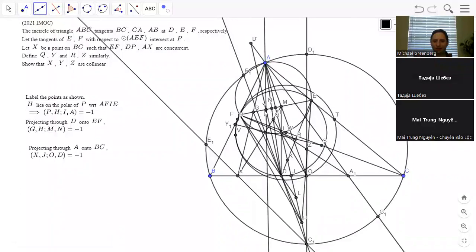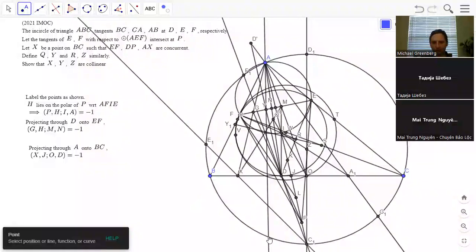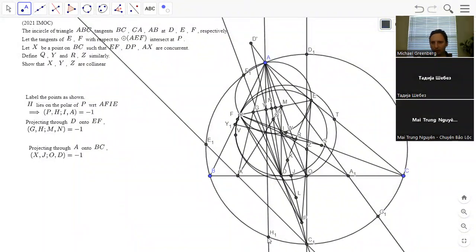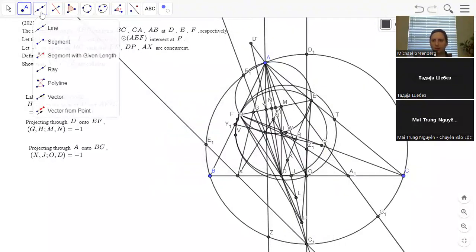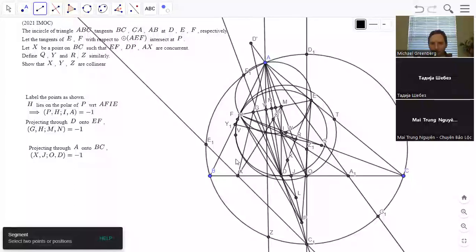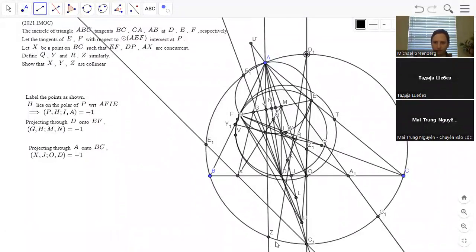AY puts the circle at Z. D1, D, and Y are collinear. Or I think you mean D1, D, and Z. I just don't see how we use E1.